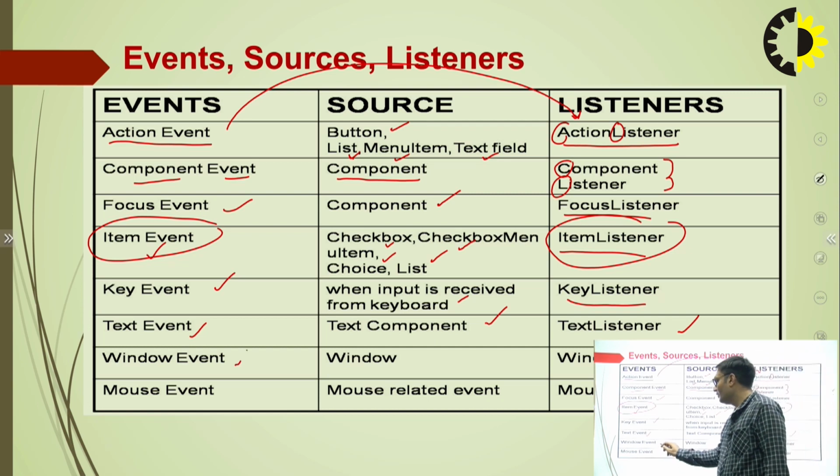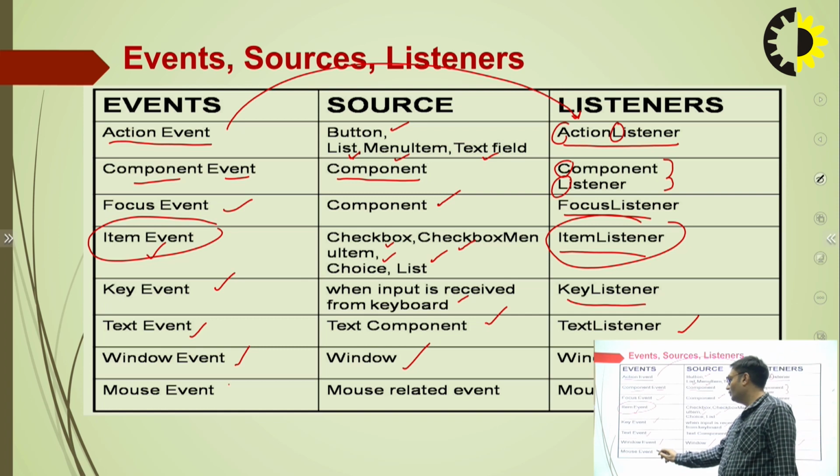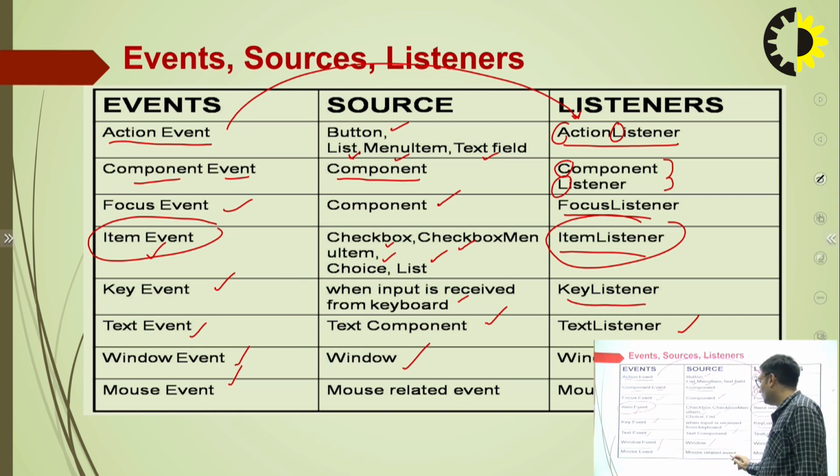Window event: sources can be window and the listener is window listener. Mouse event: mouse related events, anything when the mouse is pressed, left key, right key is pressed, and the listener corresponding to mouse is mouse listener. So this is the summarized table of event sources and the corresponding listeners.